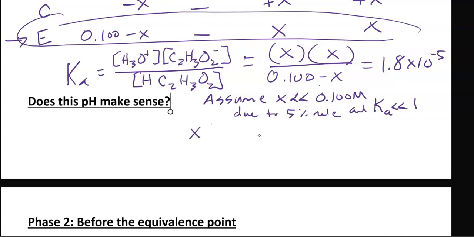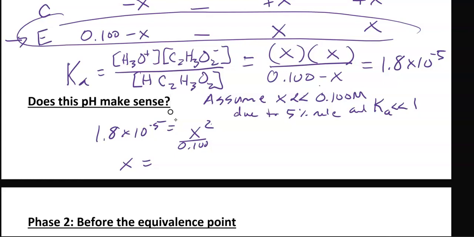So if I rewrite this again, I would say 1.8 times 10 to the negative 5 is equal to X squared over 0.100. And then I know y'all can rearrange this, so I'm going to skip a few steps. Make sure you do the 0.1 times the 1.8 times 10 to the negative 5, and then take the square root of that, okay?